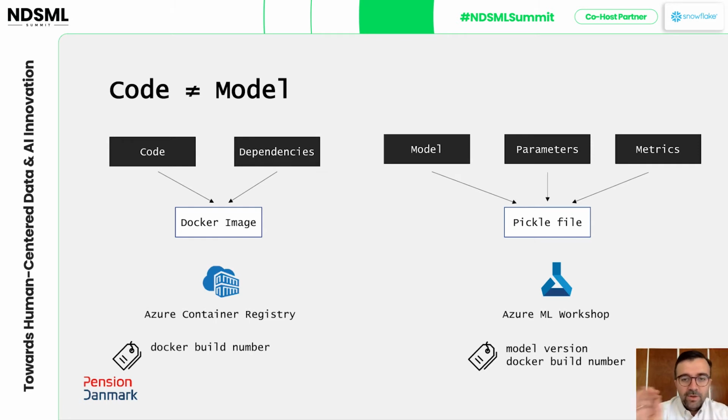But models, parameters, and metrics, those all get bundled into pickle files because we're using Python. And then that's saved in Azure ML Workshop. So we're using a little bit of Azure ML solutions.